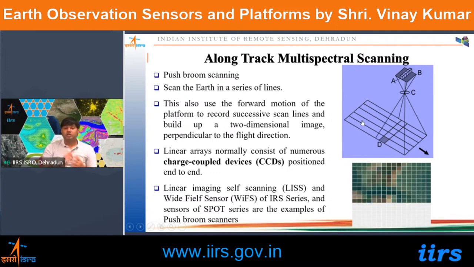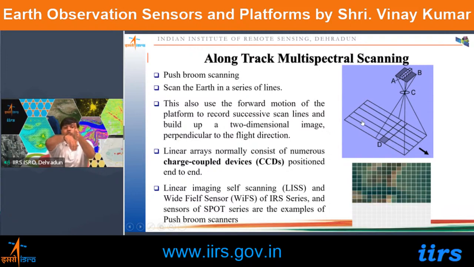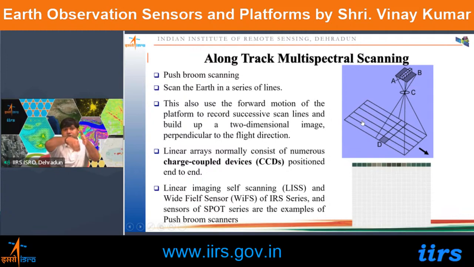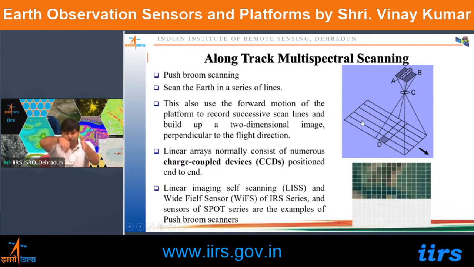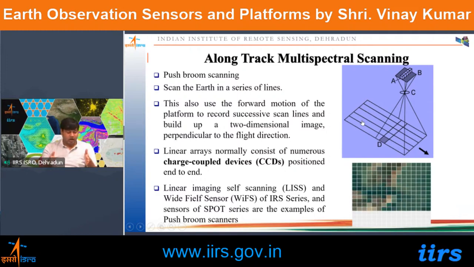Now, what is the limitation of across-track? It has to collect data pixel by pixel, while the satellite on which it is placed is also moving. So whenever it reaches the extreme, there is a kind of one-pixel shift or so in that particular pixel. But in the case of a push broom or along-track scanner, it is capturing the data while moving along the track with the platform.